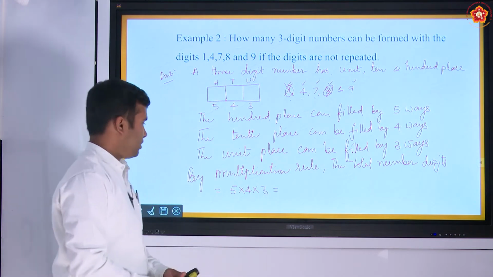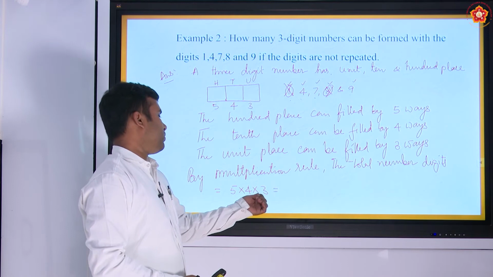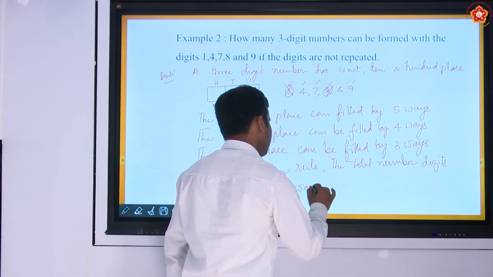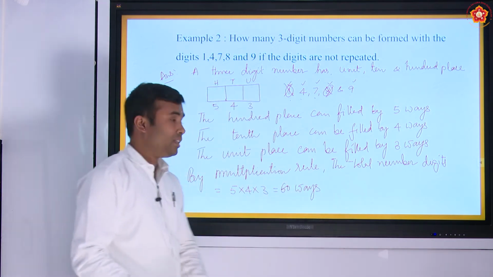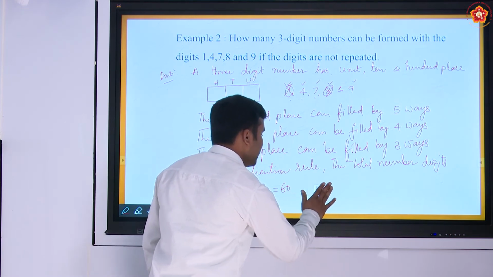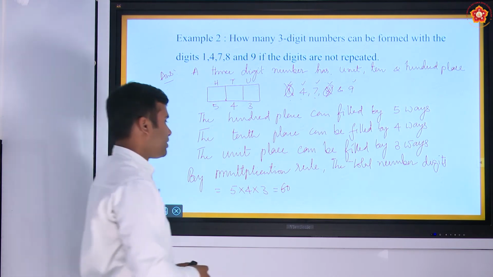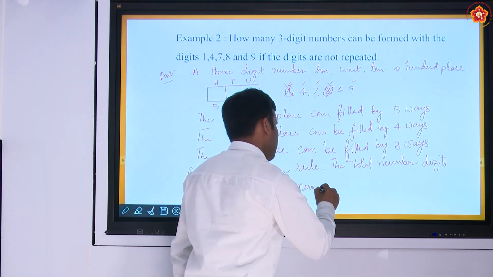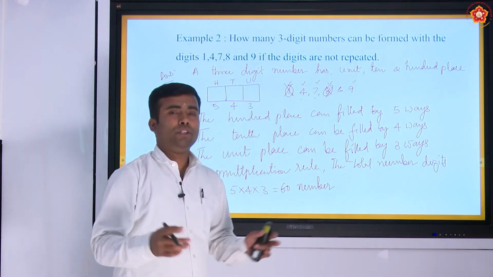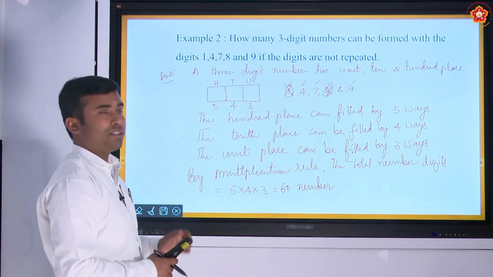So, how much? 5 4s are 20, 20 3s are 60 ways. So instead of saying 60 ways, there are 60 numbers possible. There are 60 three-digit numbers possible without repetition using the given digits. Okay, this is the solution.